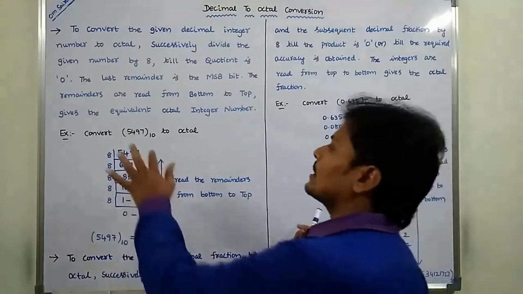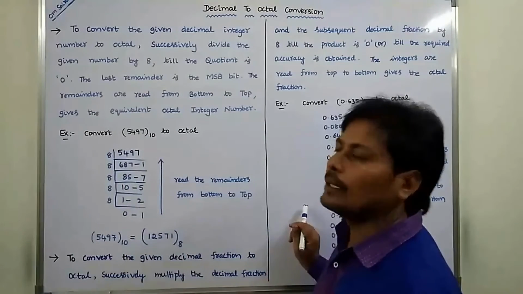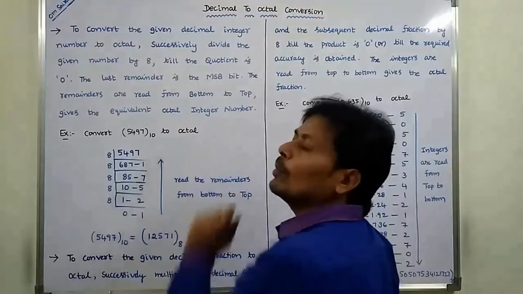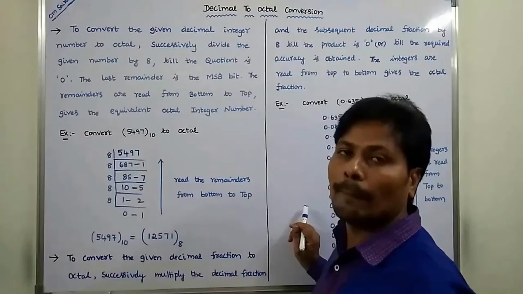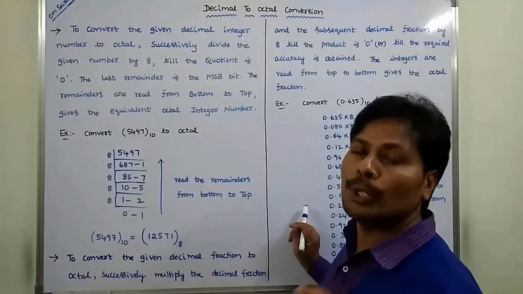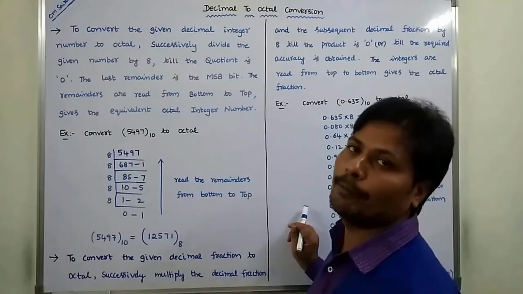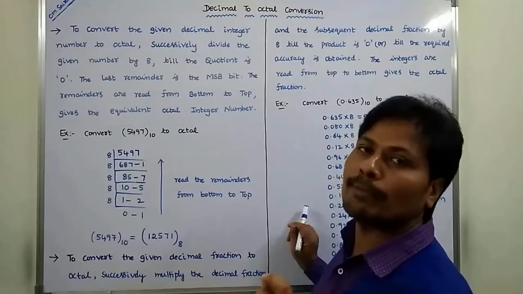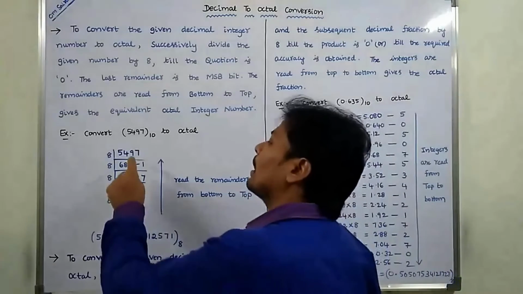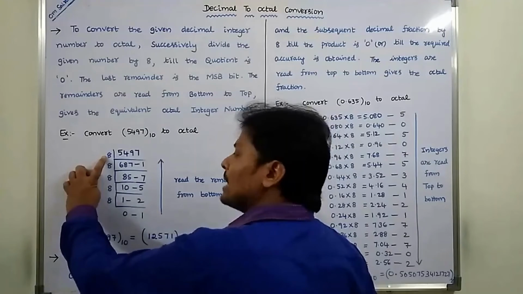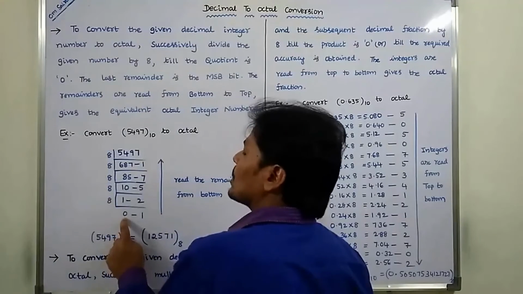Okay, so this is the given decimal number. To convert this decimal number into the equivalent octal number, we have to use the successive division by 8 method. In this method, the given decimal number is successively divided by 8 until the quotient is 0.